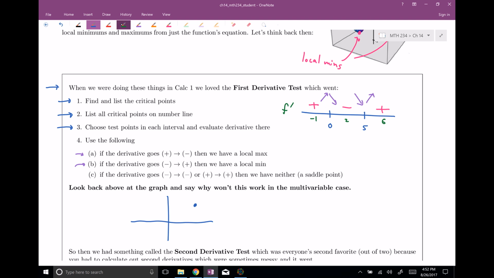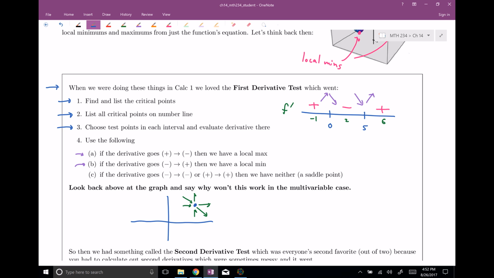And even then, should I go over the critical point from left to right, or from right to left, from top to bottom? It's hard to say how I need to go over this critical point. Here it was very natural. There's only one direction to go: you go from left to right, and this just goes over the critical point completely. So that's the issue with the first derivative test.